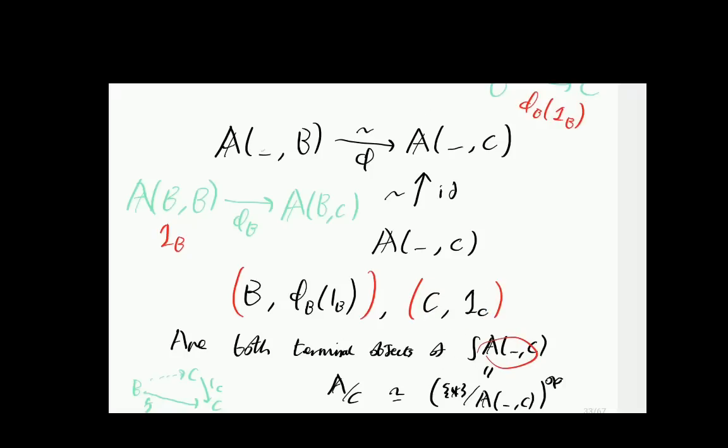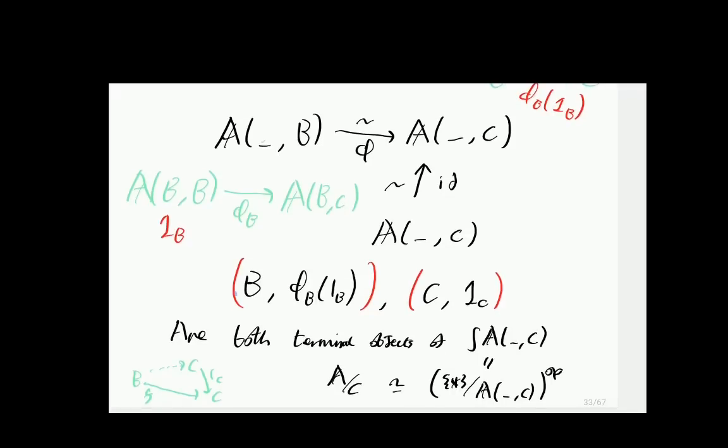And so we have that this category of elements has this as a terminal object, and it also has this as a terminal object. That means these two things are going to be isomorphic, and that means we have this isomorphism between B and C, because any two terminal objects in a category will always be isomorphic to each other.